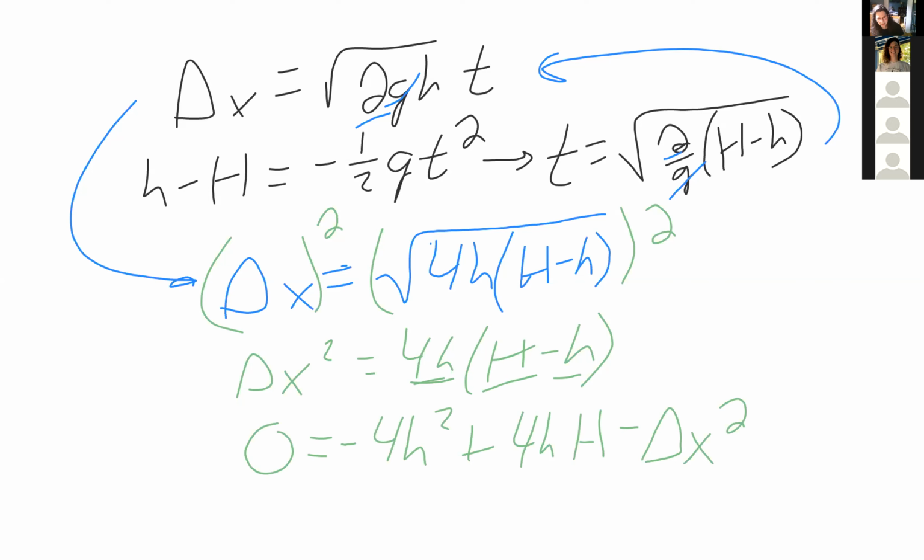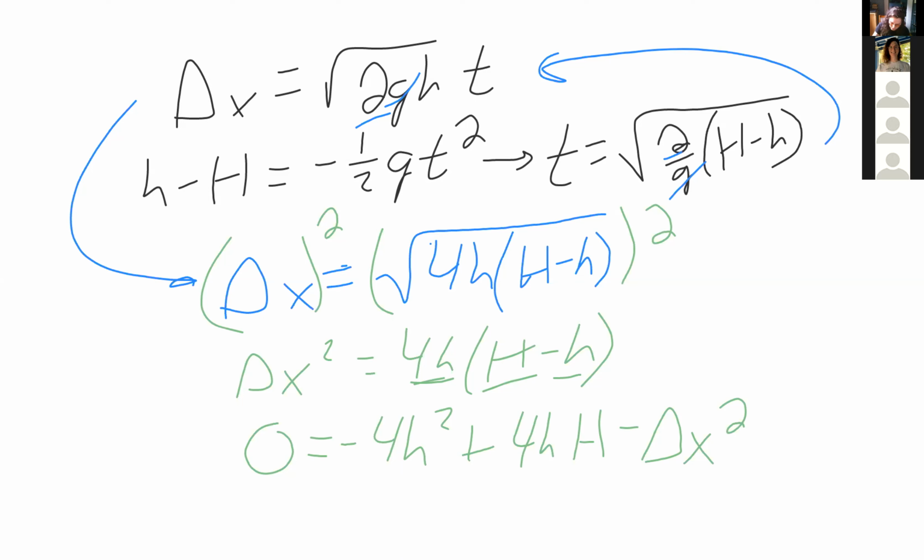And now I have a quadratic that I can solve. This quadratic will give me 2 different roots, and the roots will ultimately be... what do we ultimately get here?